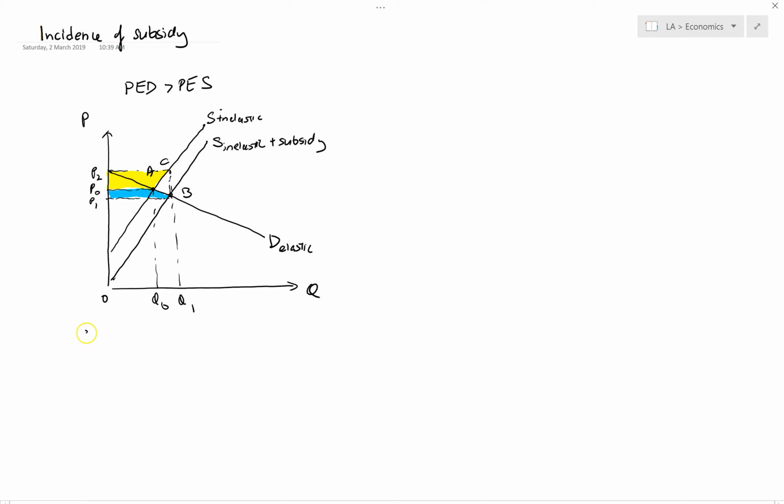If you look at it, subsidy equals P1, P2, CB. So producer share is actually more than consumer share. Producer share is the yellow area.